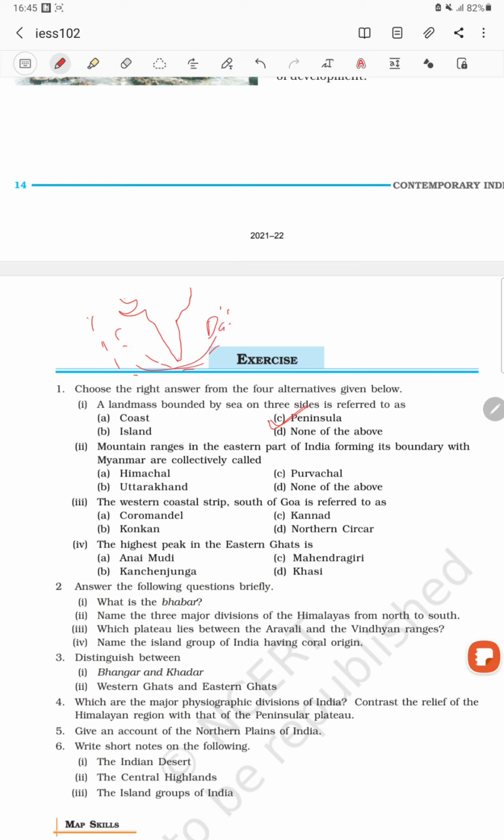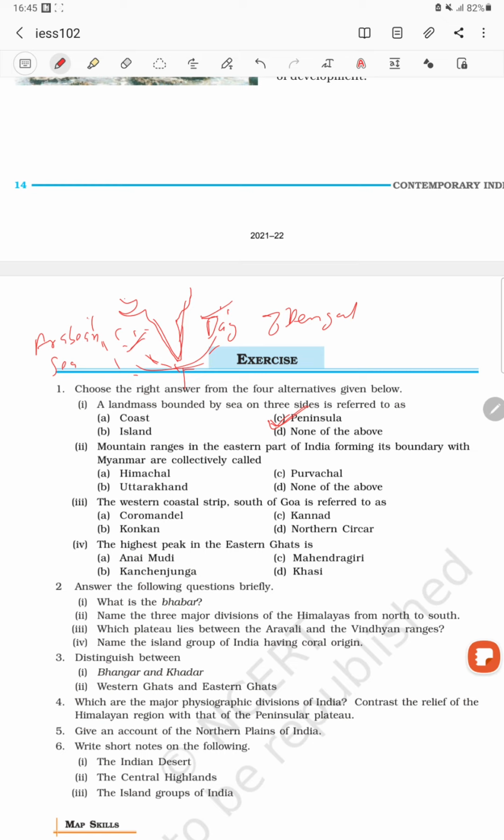Here is the Bay of Bengal, here is the Arabian Sea. So from three sides, it is surrounded by water. That's why it is called peninsular. A peninsula's property is that it is surrounded by water on three sides. So the answer to the first question is peninsula. Clear?